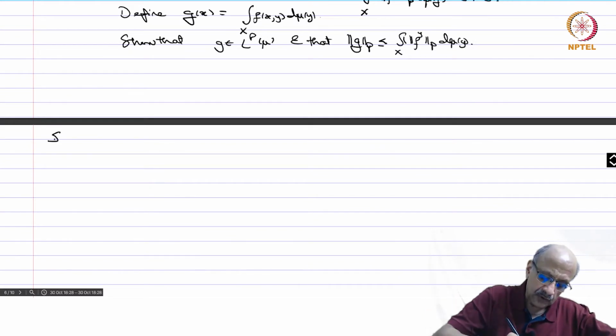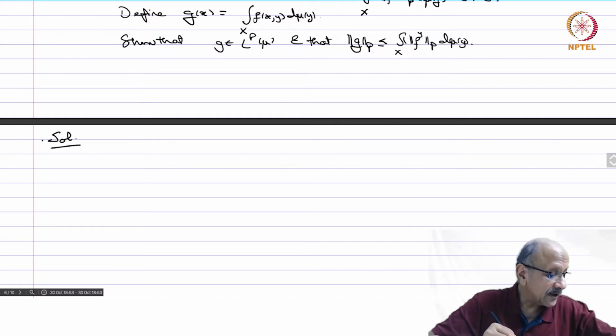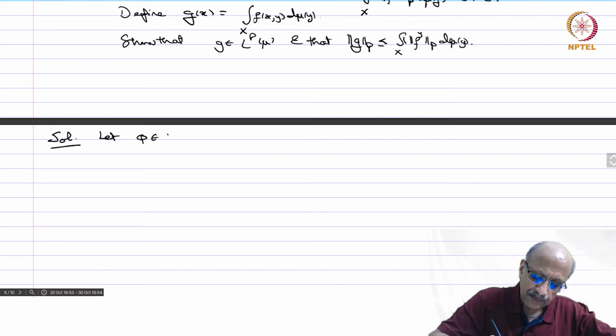So solution: this is an argument very similar to our proof of Young's inequality. So let phi belong to L^p star(mu), the conjugate exponent.